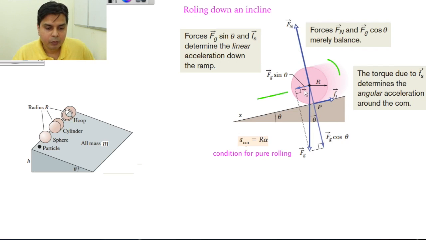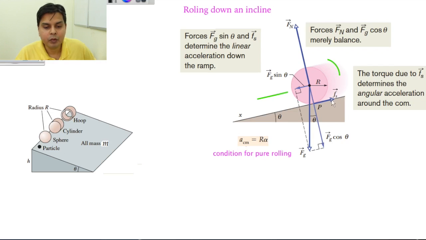So the only torque is because of the force of friction. This torque determines the angular acceleration around the center of mass, COM. And the component Fg sin theta and Fs determine the acceleration down the ramp. Okay, so these are the three analyses.